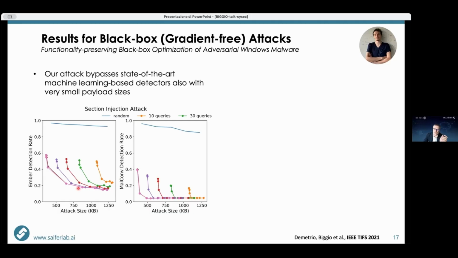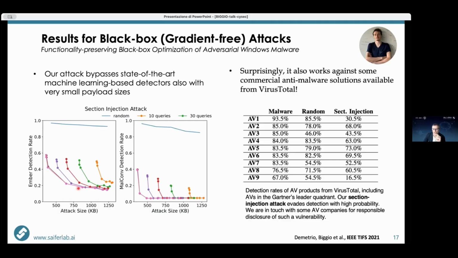Surprisingly, when also tested against VirusTotal, so against real anti-malware scanners that are hosted on this service, we discovered that some of the attacks that we optimized against the academic detectors were also quite successful against these anti-malware services that were only doing static analysis on VirusTotal.